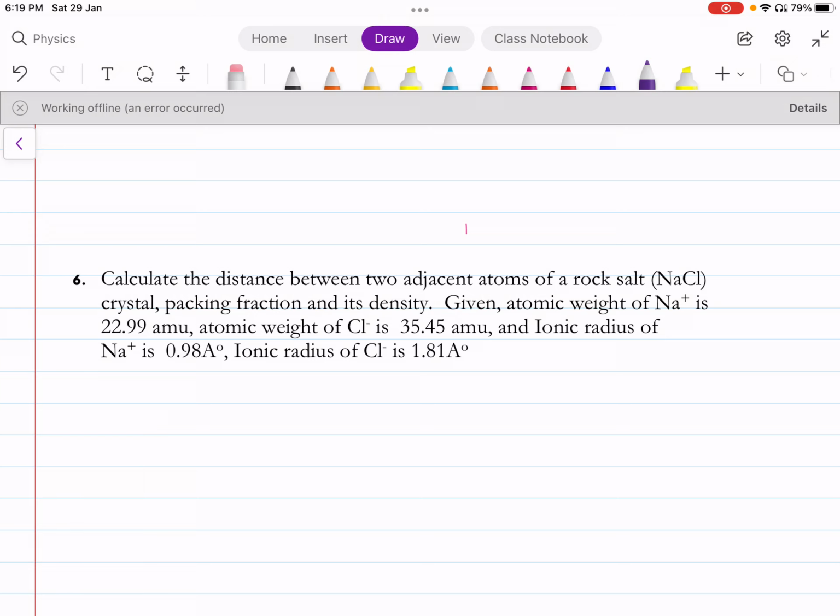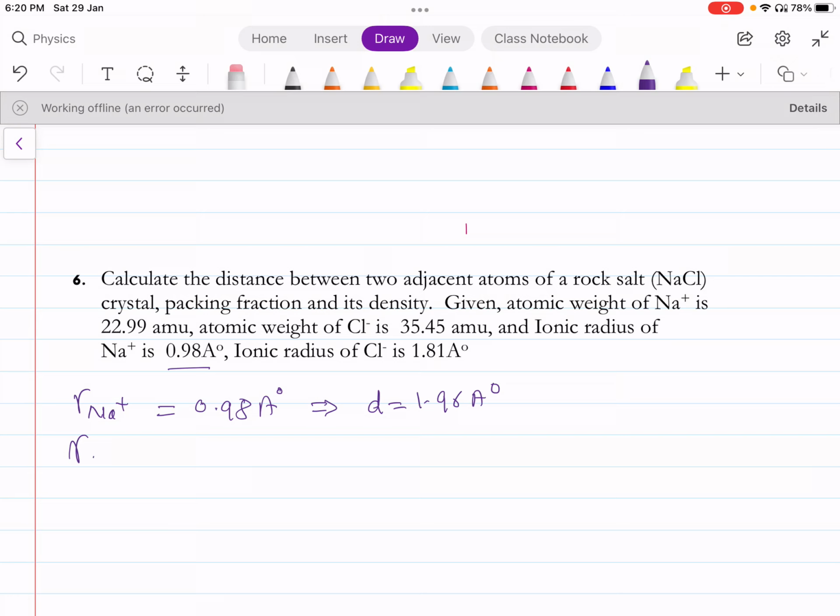So let us write what are the given. So radius of sodium ion is given, which is 0.98 angstrom, and therefore diameter of sodium is 1.96 angstrom.